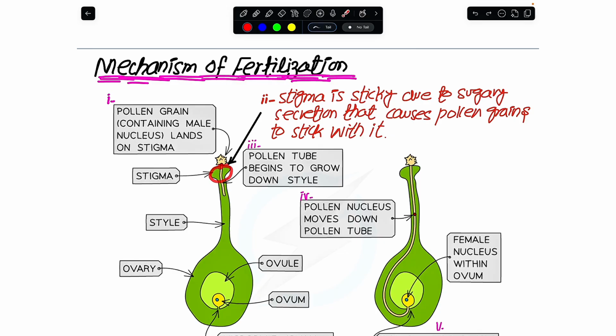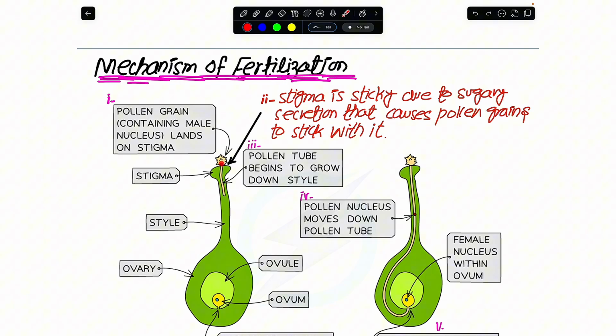The unique thing with the stigma is that it is sticky because there is production of some sugary excretion, so that would cause these pollen grains to remain adhered here at this point. The issue with the pollen grain is that it cannot overall travel downward.